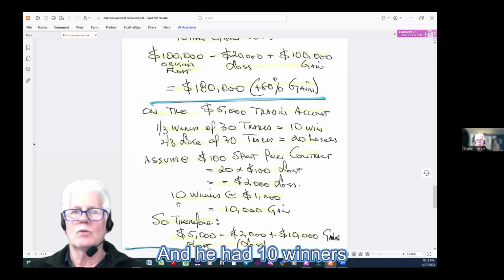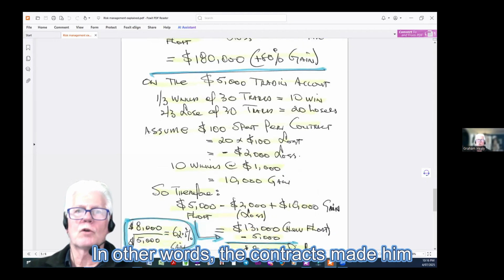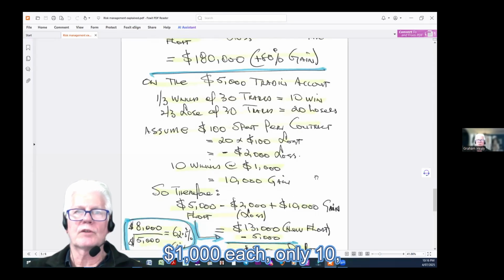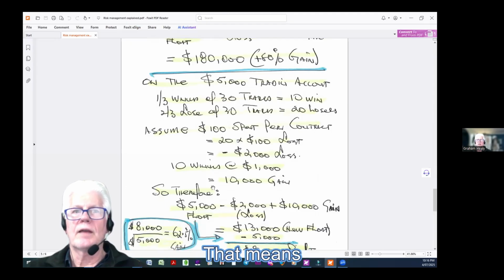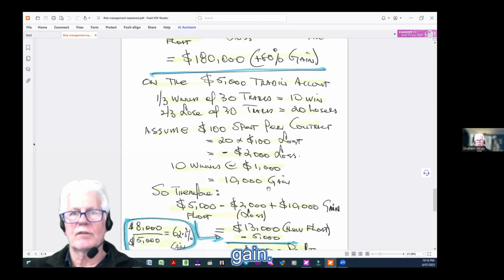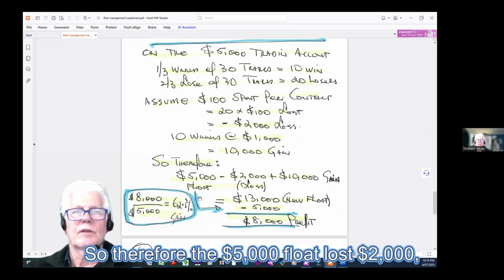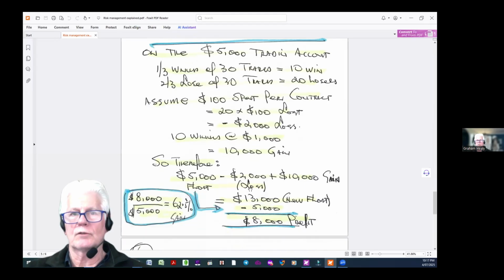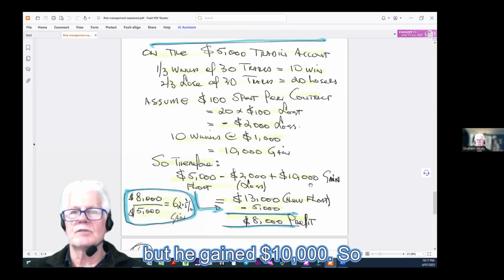He had 10 winners that won $1,000. In other words, the contracts made him $1,000 each, only 10. 20 lost, 10 winners, a total of 30. That means 10 by 1,000 is a $10,000 gain. So therefore, the $5,000 float lost $2,000, but he gained $10,000.